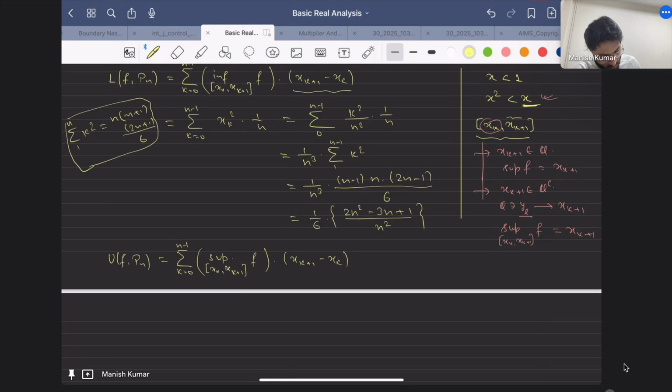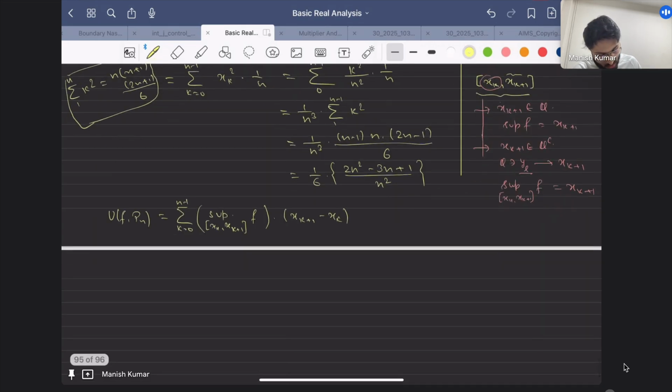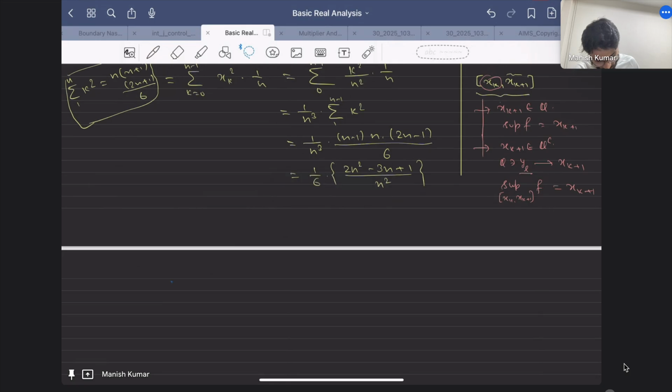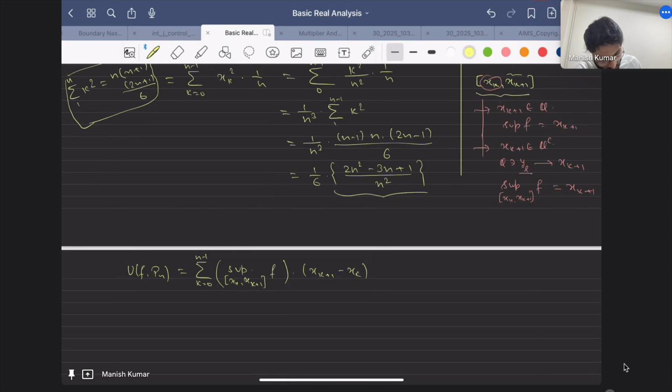Now you can clearly see that if I take the limit, this term will go to 2. So the limit as n goes to infinity of L(f,P_n) will be equal to 1 by 3.